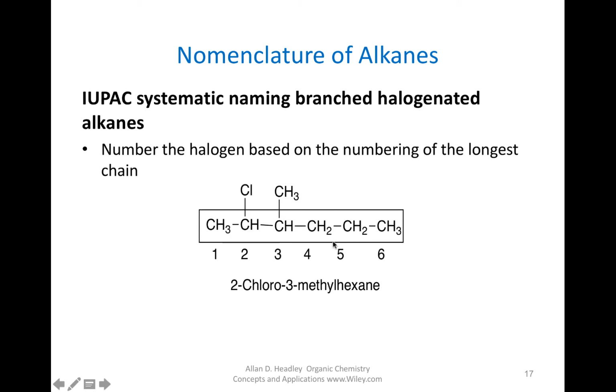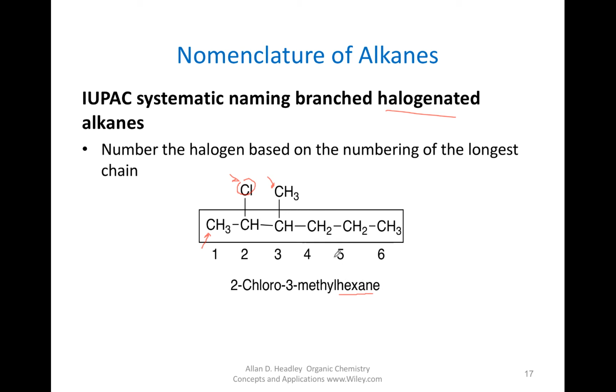Let us look at another example here, and this time we have a halogen. This should not be a surprise based on the name. Again, we start here, at that carbon, because that's closest to the branch. Well, the branch is actually here. So we go 6 carbons, hexane.